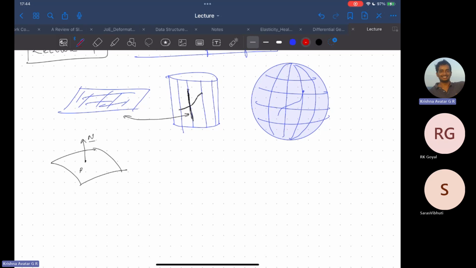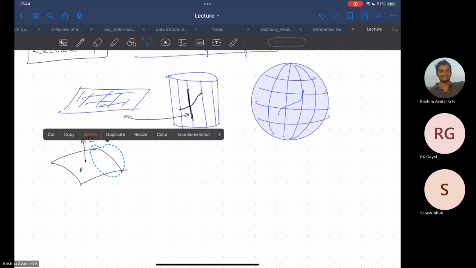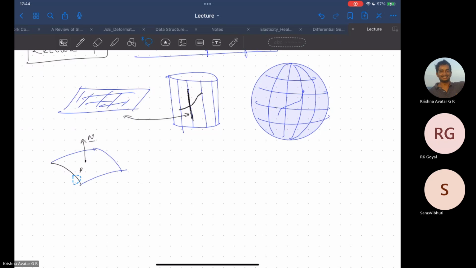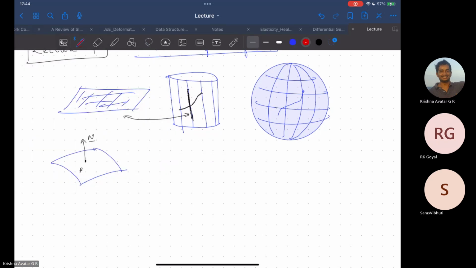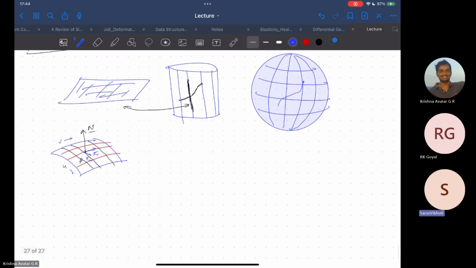And like the previous cases, we have some U coordinate lines, and for the others we have V coordinate lines. So at this point you have sigma V, and this is sigma U. U varies this way, and V varies this manner.